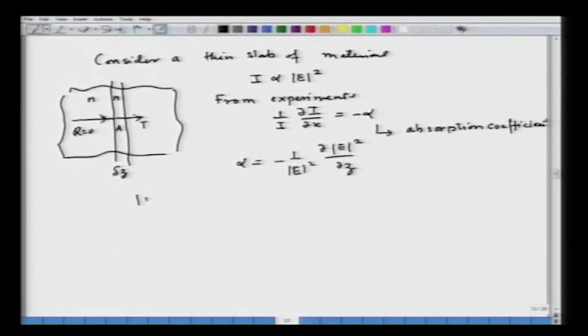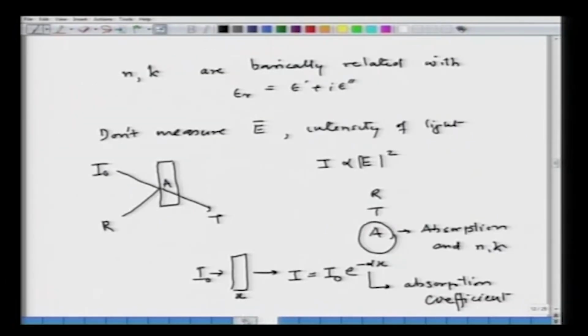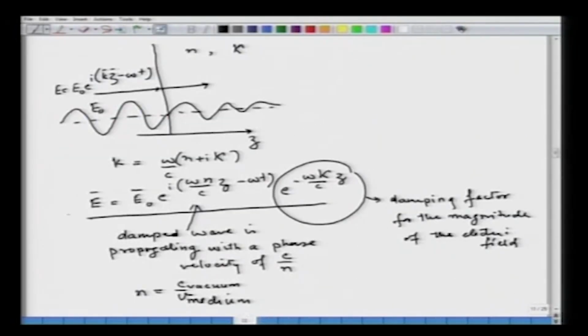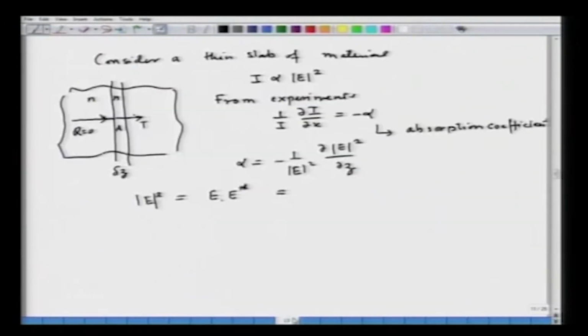So, modulus of E square is nothing but this, from the earlier equation where we derived the E; this is the wave equation for light in media, and if we do the complex conjugate multiplication here, we will get E naught square exponential.